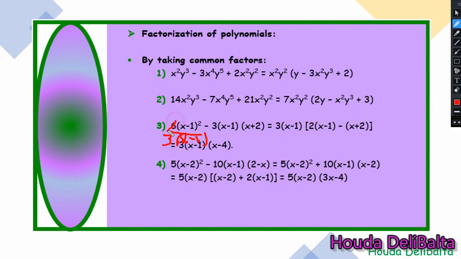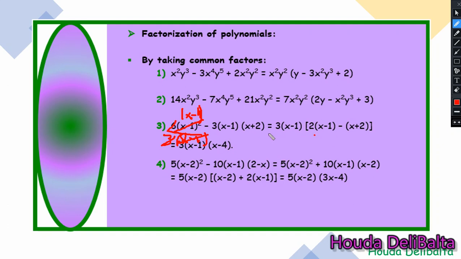So 6 by 3 is 2, as you see here, and x minus 1 squared by x minus 1 is x minus 1. Okay, so you will have 6 into x minus 1 squared when divided by 3 into x minus 1 will give me 2 into x minus 1.